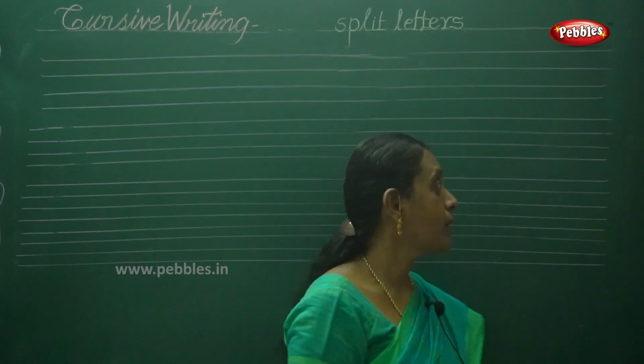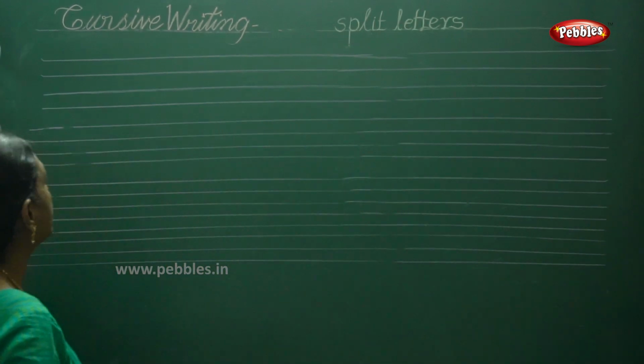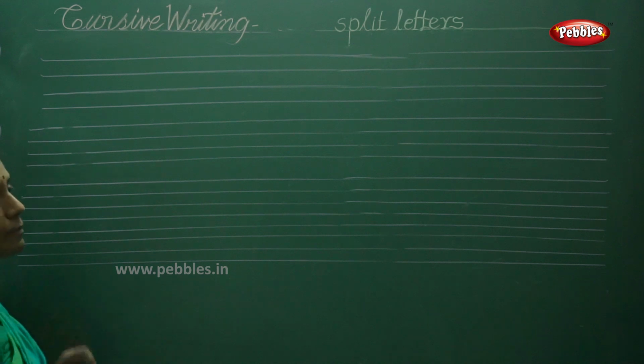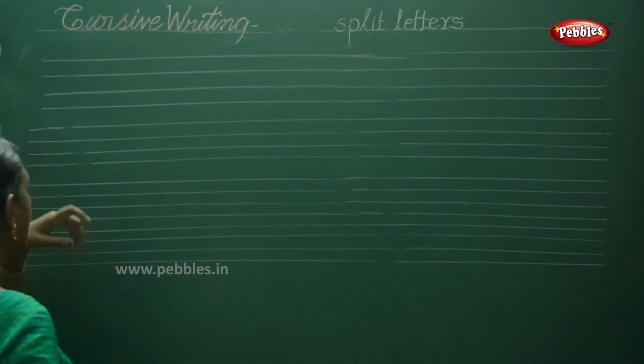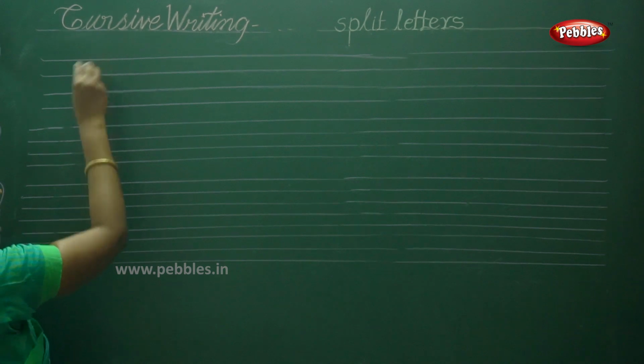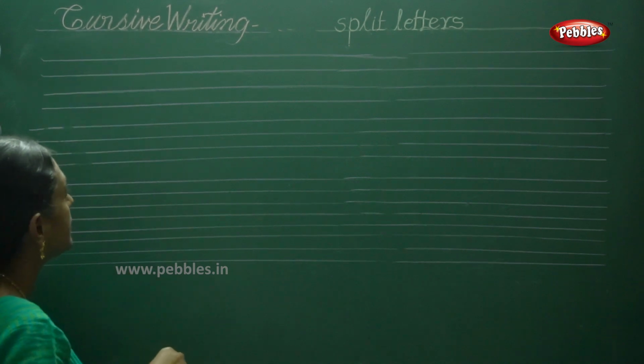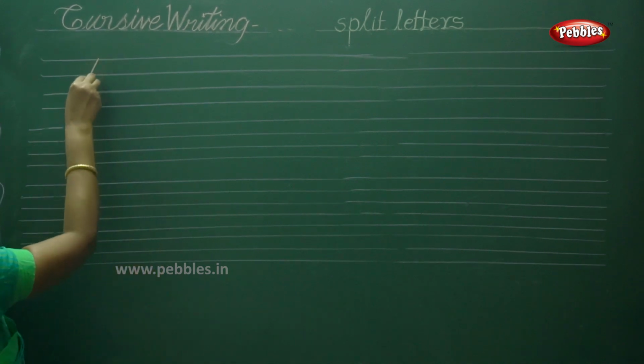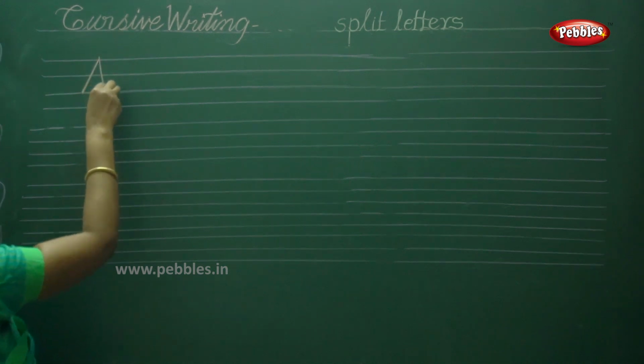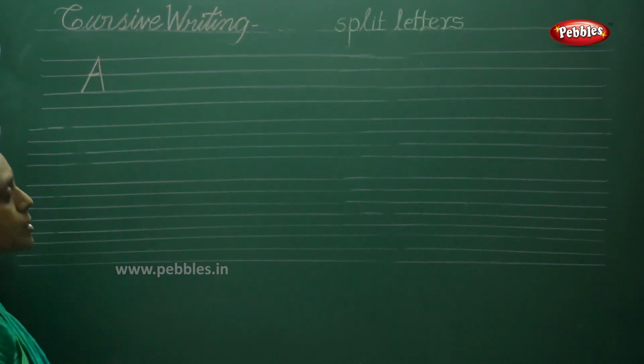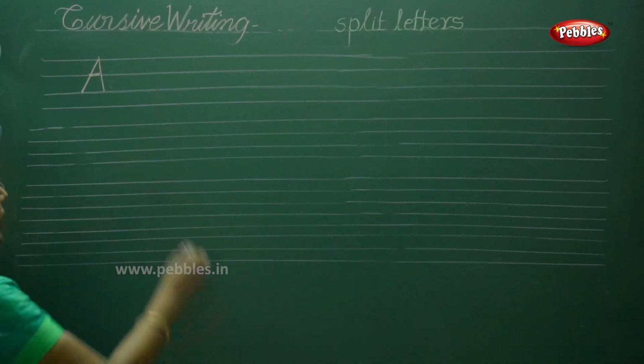Okay, first start with alphabet A. So I have to write one word, that is A, brown. Okay, that is capital A. Next one, you have to use your split handwriting.